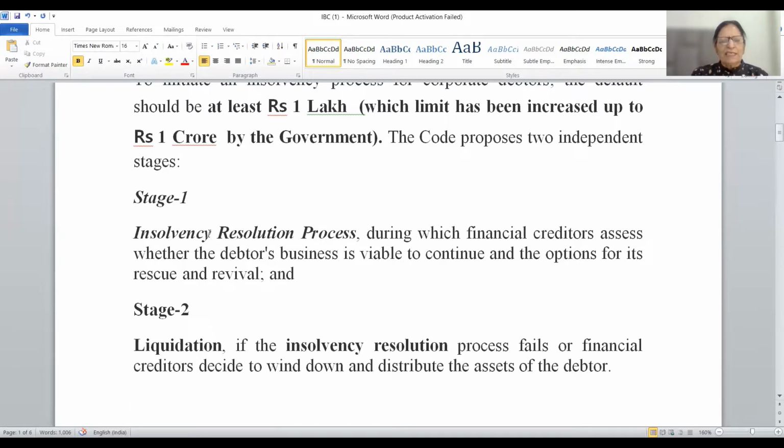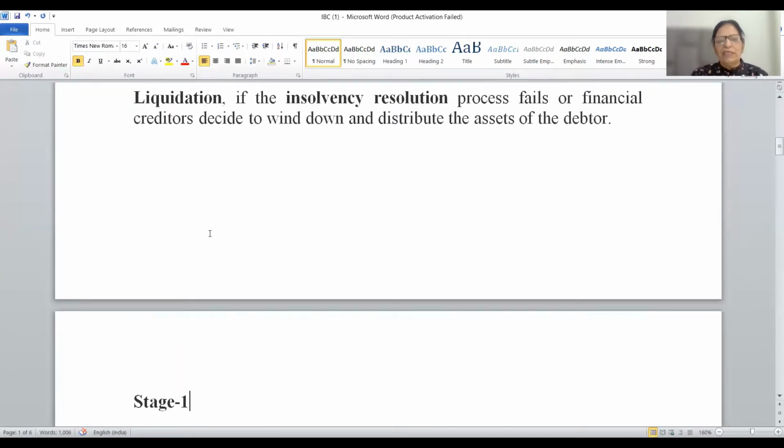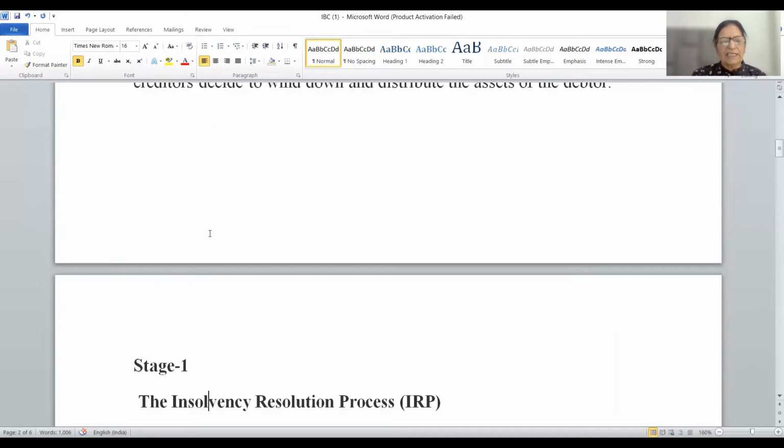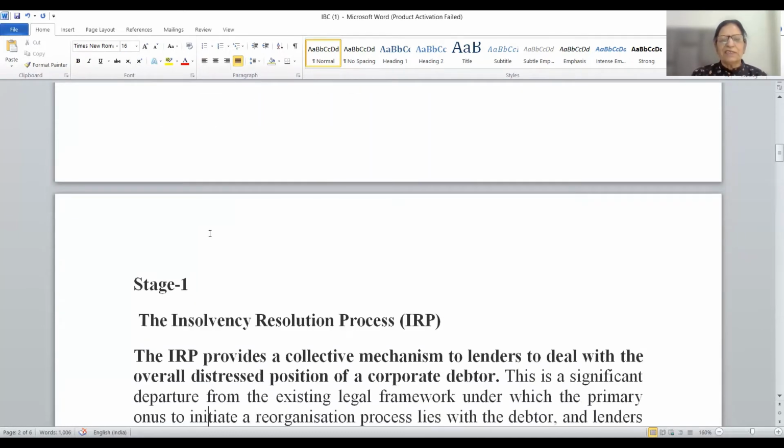And in the second stage, if the IRP, insolvency resolution process, fails, or the financial creditors decide to wind down and distribute the assets of the debtor, then the LLP is liquidated. So this is the second stage. So let me discuss these 2 stages now.